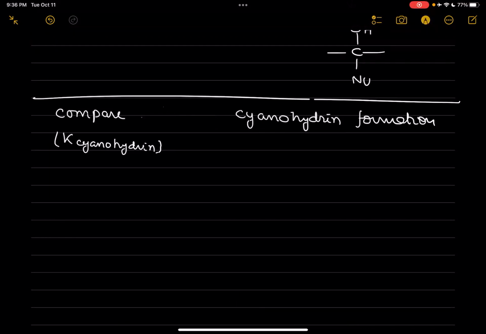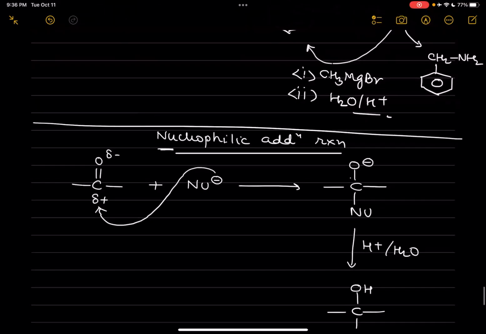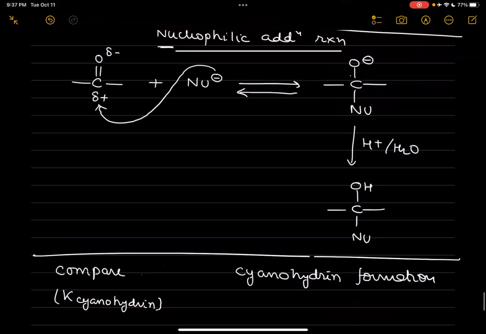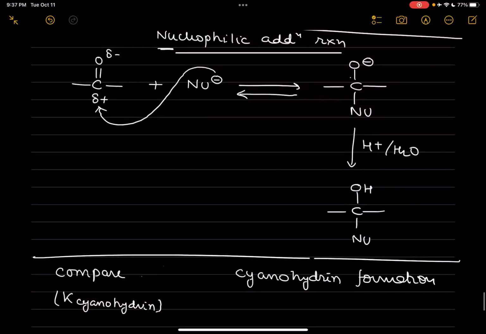You understood now. This is reversible actually. Okay. So the one having a higher K value will form more product. Is it clear? K cyanohydrin means the equilibrium constant for the cyanohydrin formation.